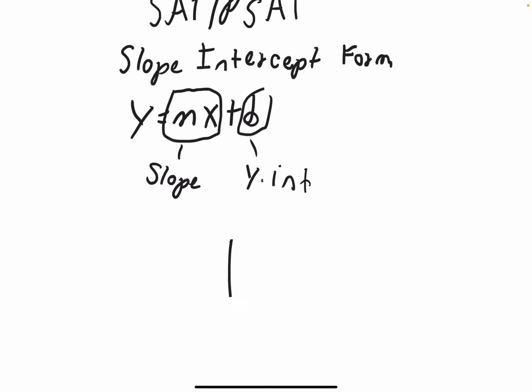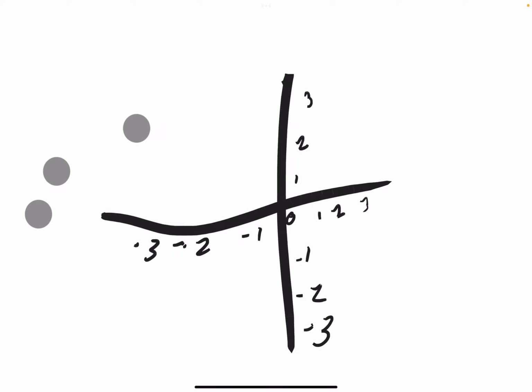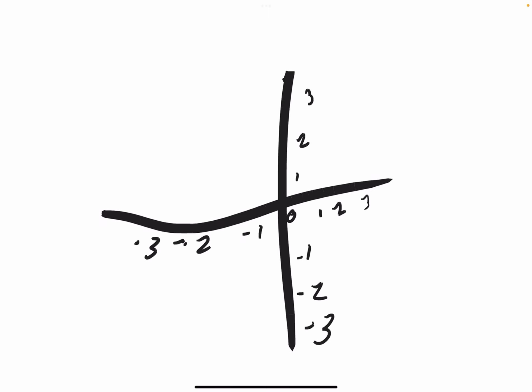So let's say we have a graph, right? And here we have our 0, 1, 2, 3, and -1, -2, -3 on both axes. So our y-intercept is when x equals 0. So when x is right here, how tall is y?